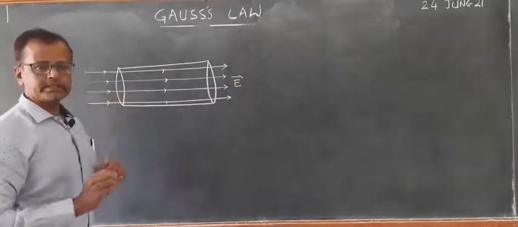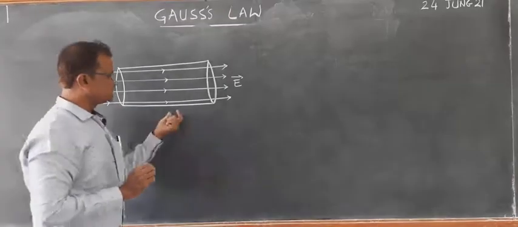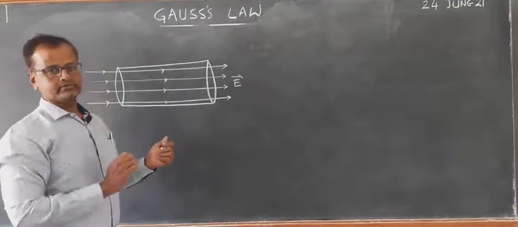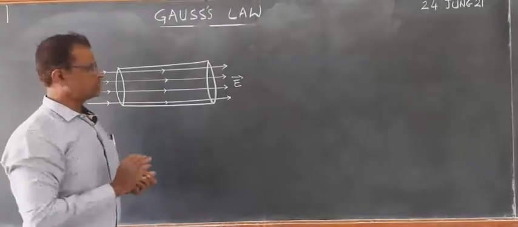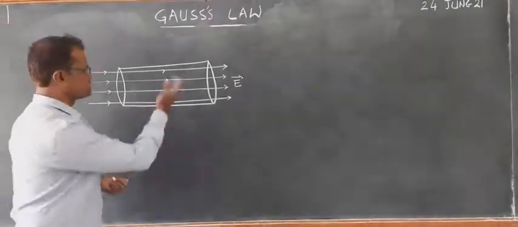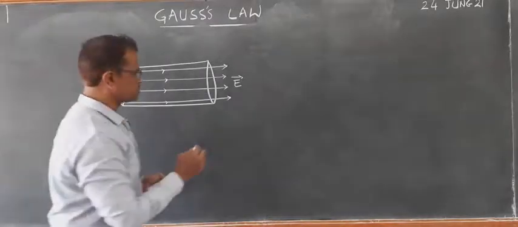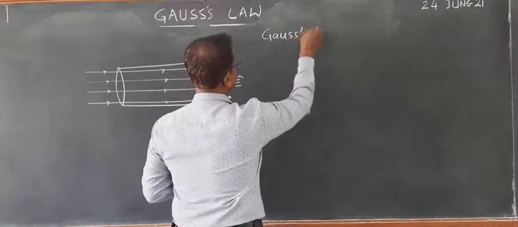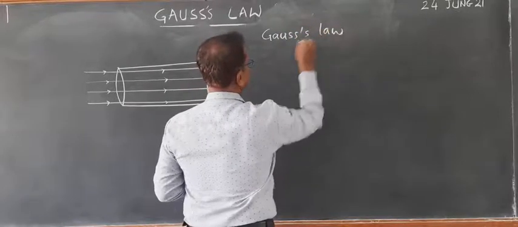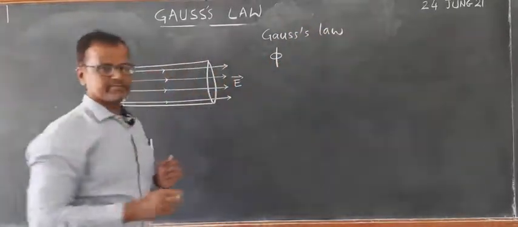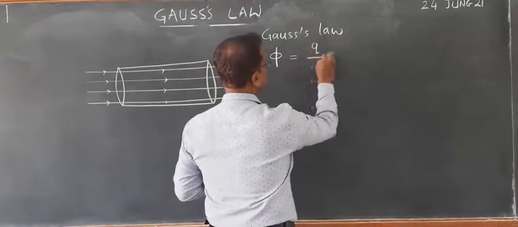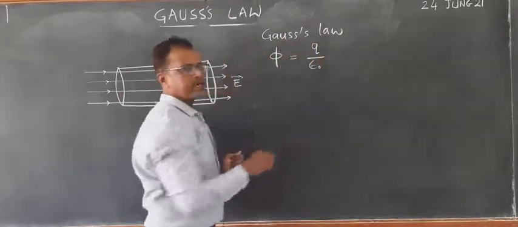I want to calculate the charge enclosed by this surface by calculating the total flux. Now, according to Gauss law, total flux enclosed by the surface is equal to Q by epsilon naught, where Q is the charge enclosed.